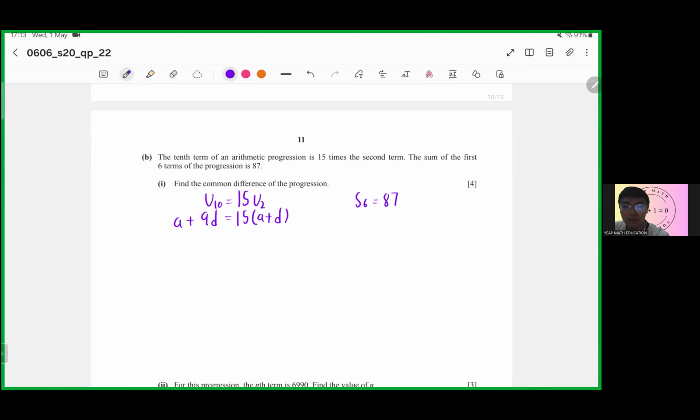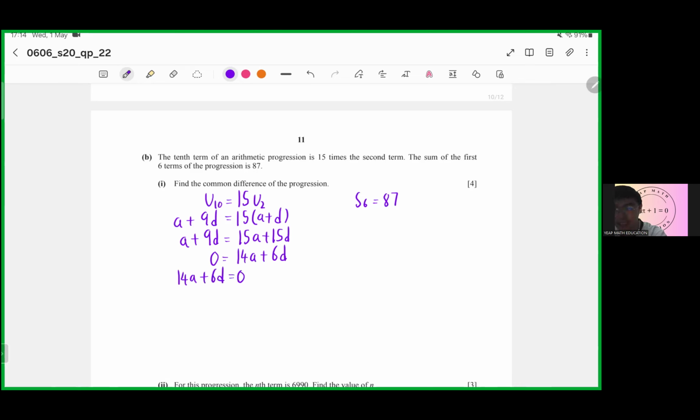Okay, we can do linear equations. 15a plus 15d, a plus 9d. If we set it to 0, we get 14a plus 6d equals 0.